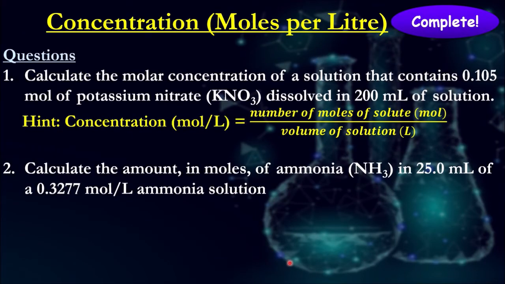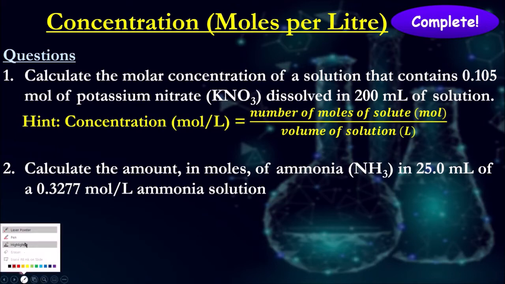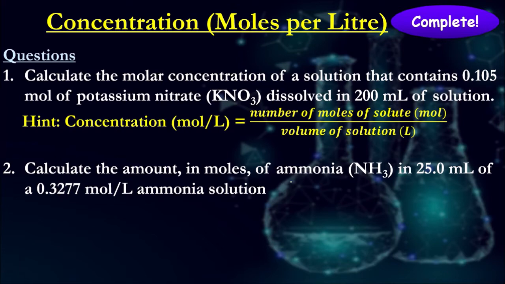So we need to try some calculation questions. So calculate the molar concentration of a solute that contains this amount of moles of potassium nitrate dissolved in 200 milliliters of solution. So if I do that, actually I'll do this one at the bottom here just because it has a bit more space.